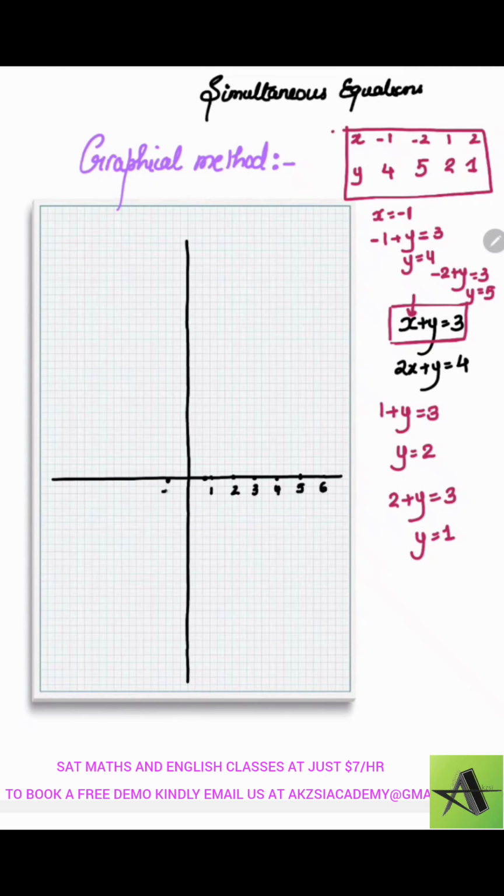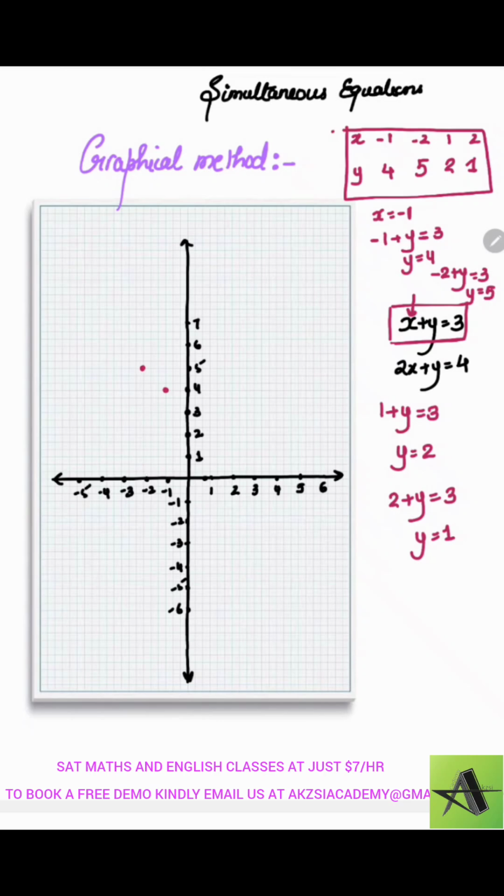Similarly, I'll complete the others. The first point is (-1, 4), so -1 on x is here and 4 on y is here. So my first point is this. Then (-2, 5): -2 and then 5, so it will be here.